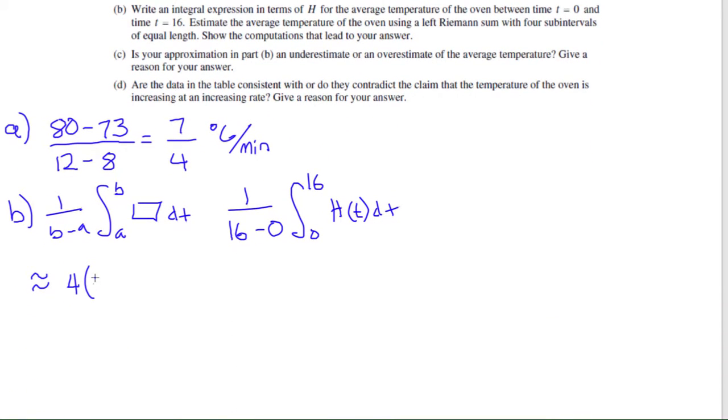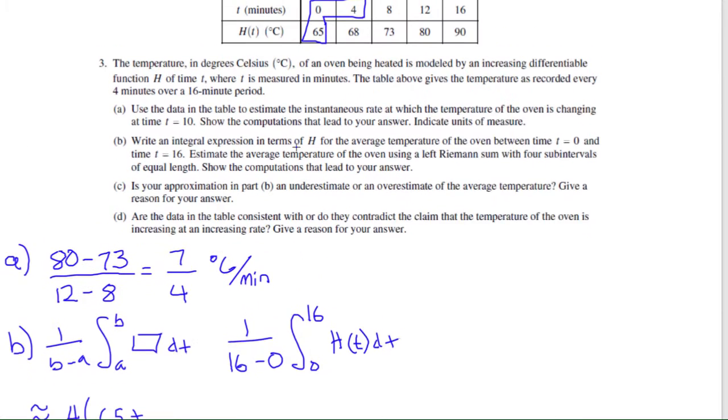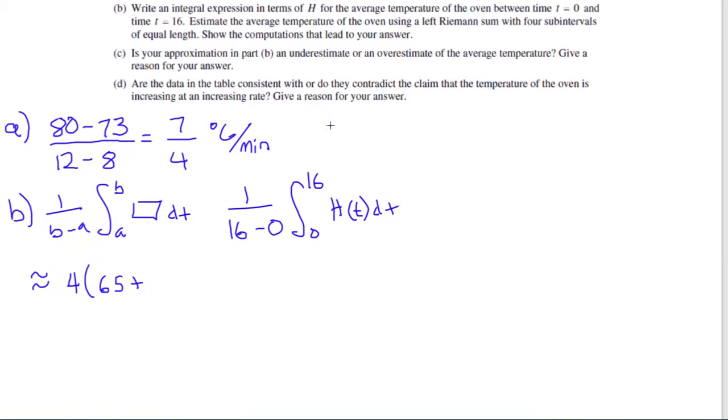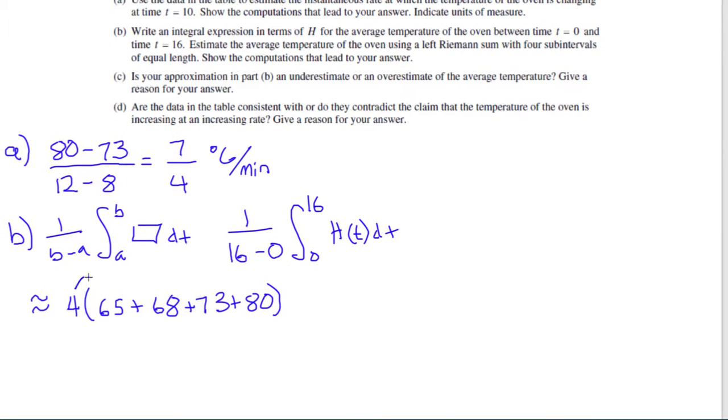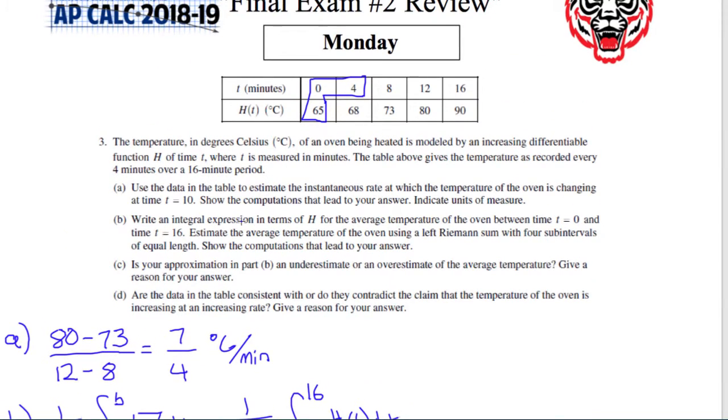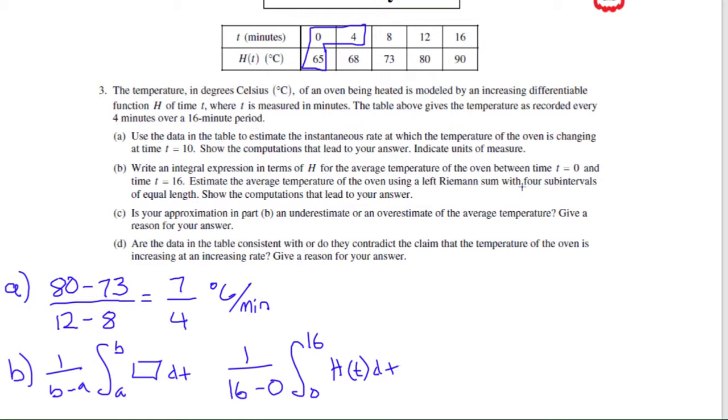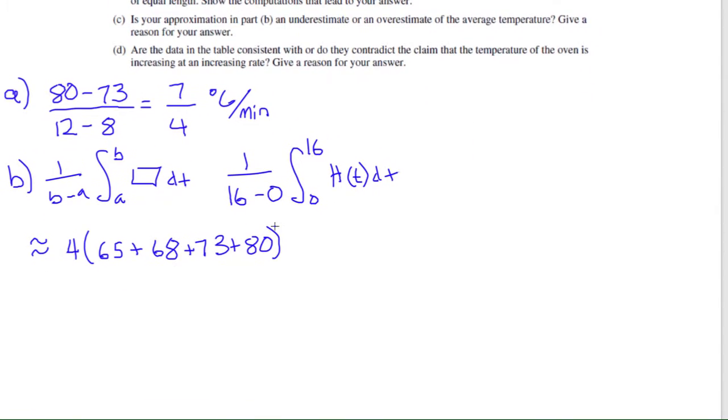So it's 4 times 65 plus 68 plus 73 plus 80, each of these being multiplied by 4. Making sure I have the correct number: yep, 4 subintervals.